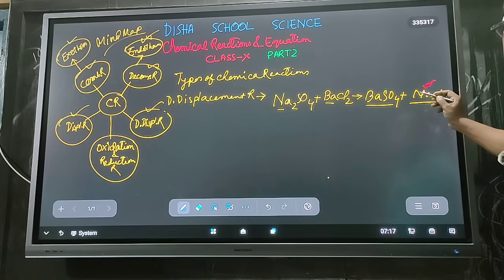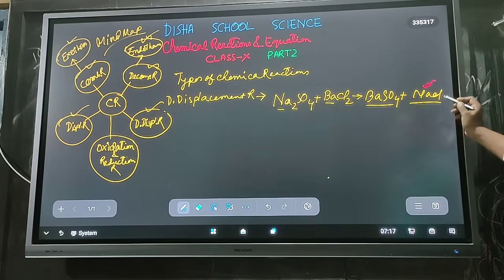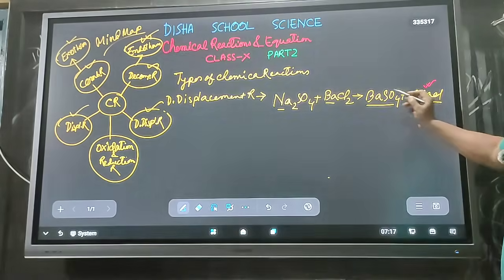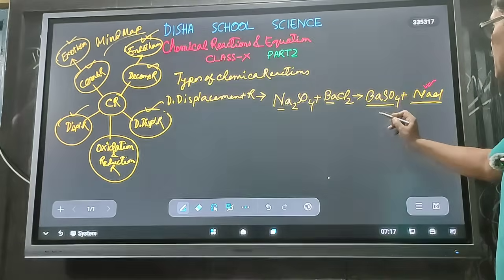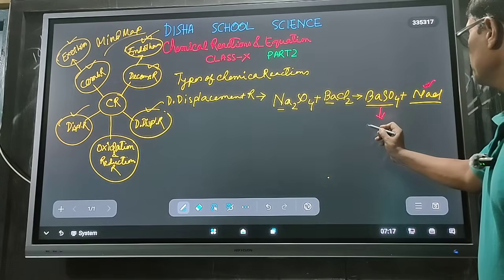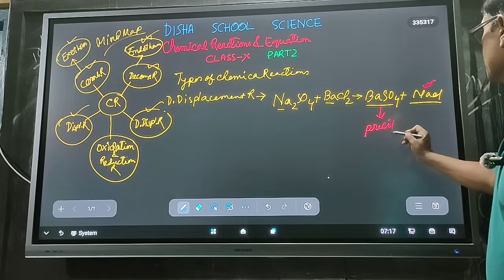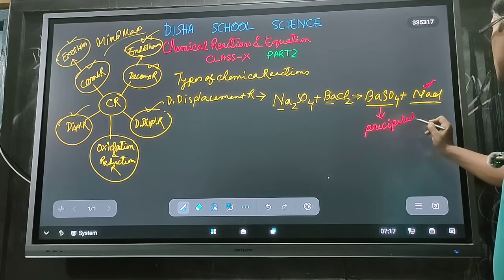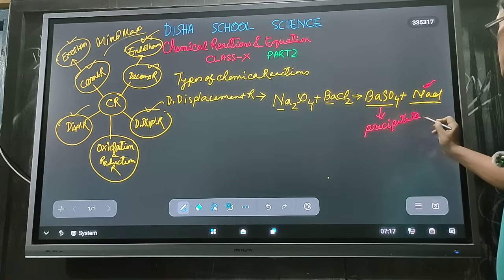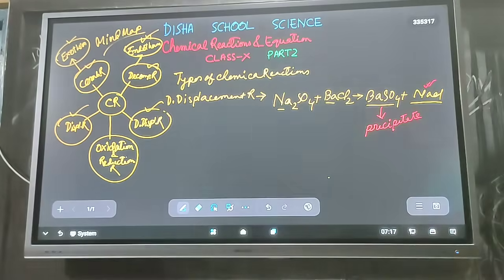That's why sodium chloride will remain in the solution. And barium, being a low active metal, will precipitate. That means it will be deposited at the bottom of the vessel.